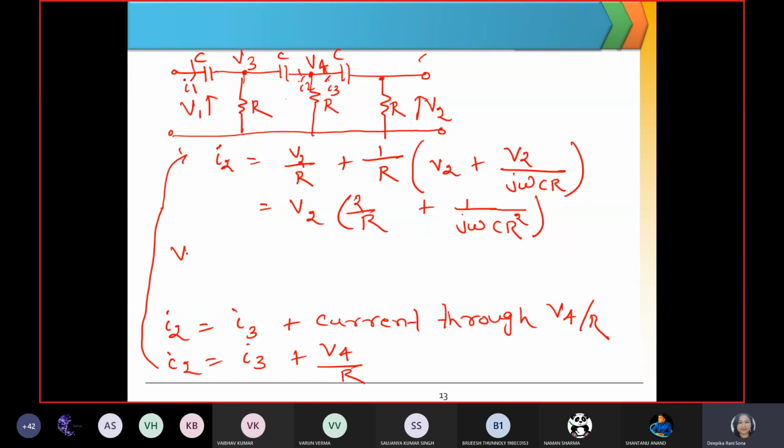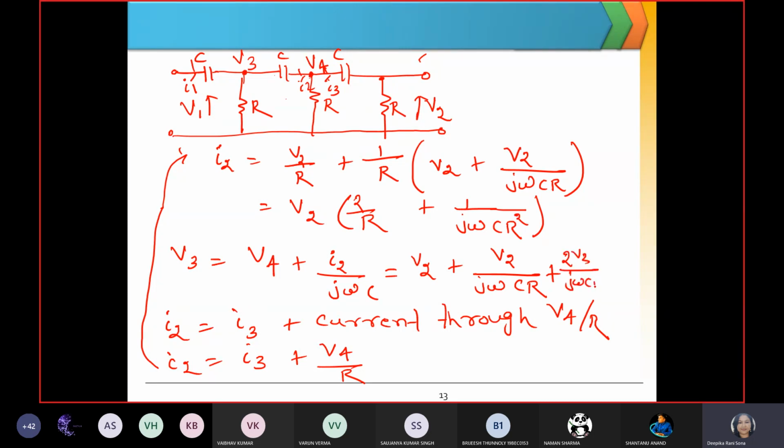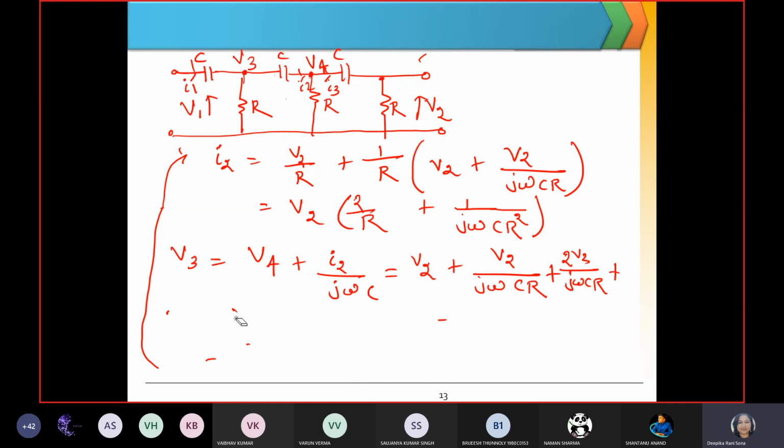Now we have to solve it for V3. V3 equals V4 plus I2 by j omega C, which is nothing but V2 plus V2 by j omega CR plus 2V2 by again j omega CR plus, one more term, the last term, V2 whole divided by j square omega square C square R square.